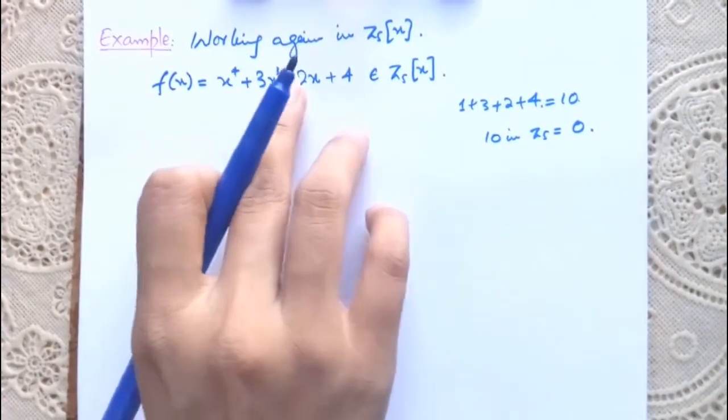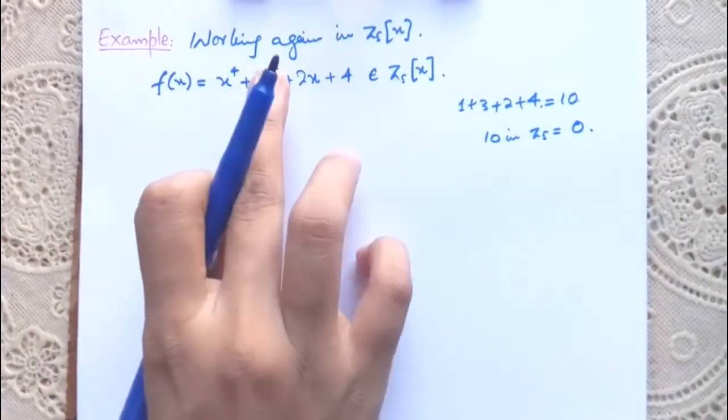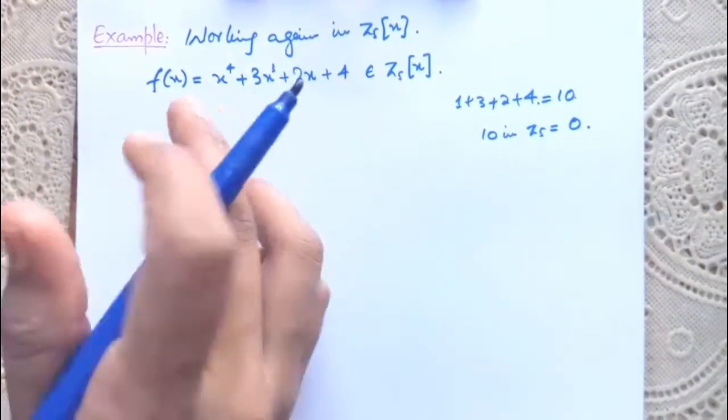So it means that 1 is a 0 of this polynomial in Z5.